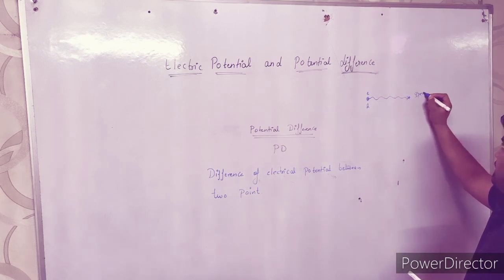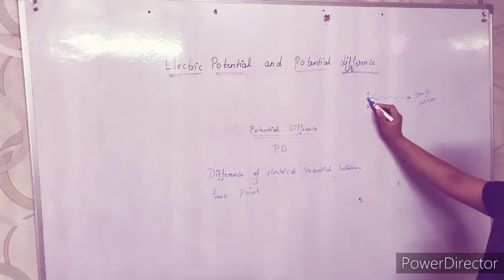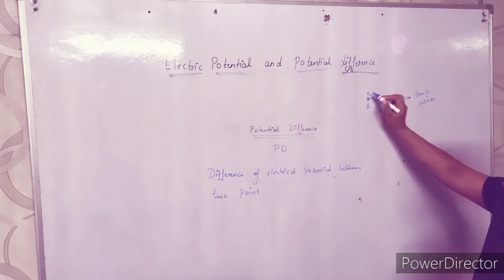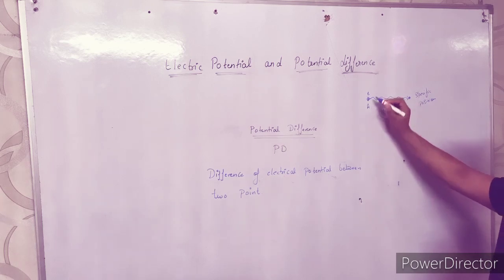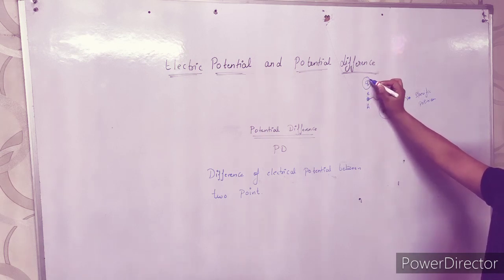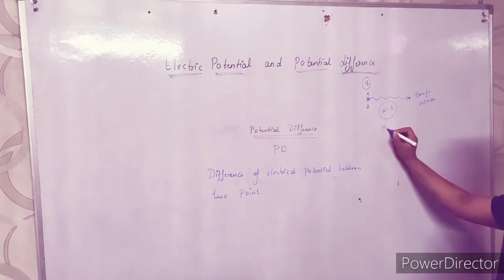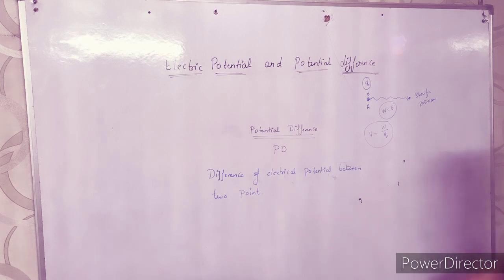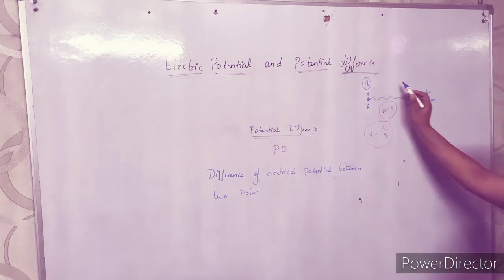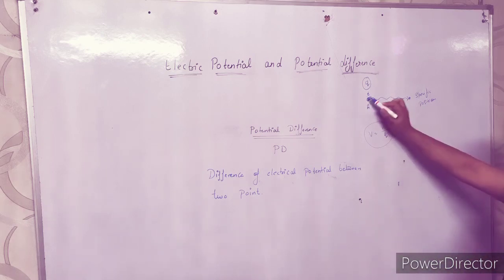For moving the electron from here to here, we need some energy. This energy is represented by W or E. This energy required to move this charge, Q, gives the potential, W by Q, V. This is the potential: how much energy we require to transfer the electron or charge from one position to another.